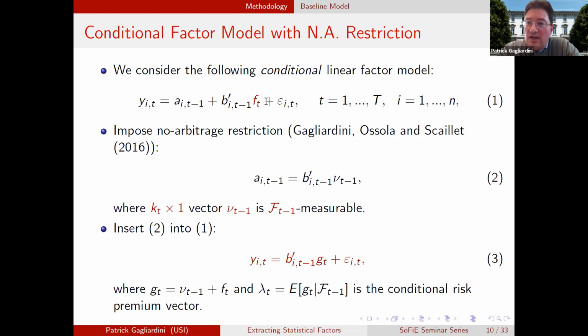Now, if we think that these assets are drawn from an underlying continuous population of assets, as we did in previous work, then by assuming that there are no asymptotic arbitrage opportunities, there is a restriction relating the intercepts and the loadings, and if you impose this restriction here, you get this equation here, number 3, where the vector gt is basically a shift of the vector of the latent factors such that the conditional expectation is equal to the risk premium.